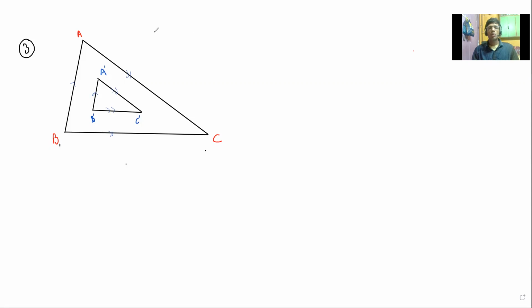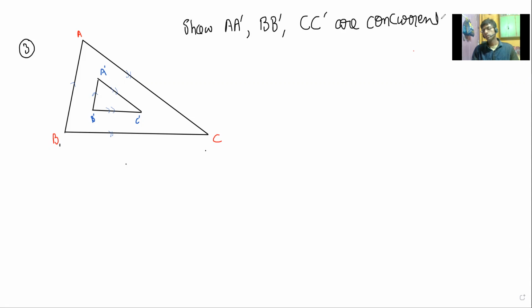We want to show that AA prime, BB prime, and CC prime are concurrent. They pass through the same point, which is not at all hard to believe, right?